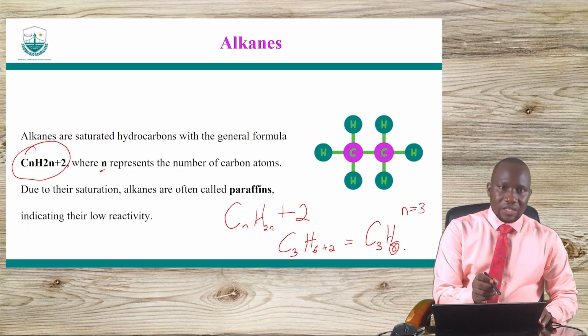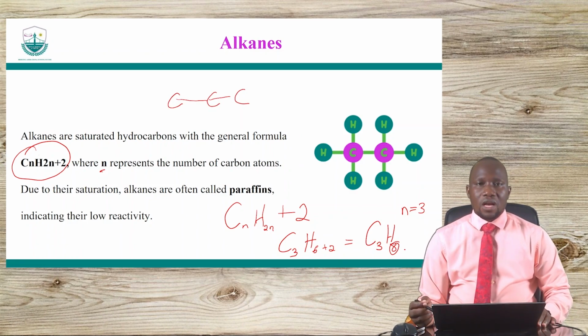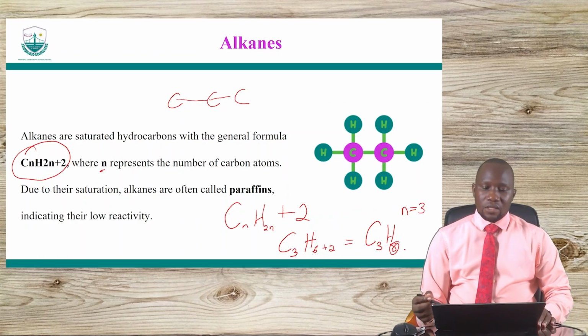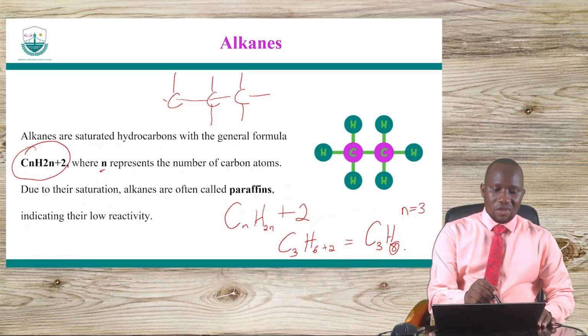So basically it is easier to start with the carbon atoms, because they are 3 and they have single bonds. So for the carbon atoms to be complete, they need to form 4 bonds, right? So here it needs 3, here it needs 2, here it will need 3 to form 4.